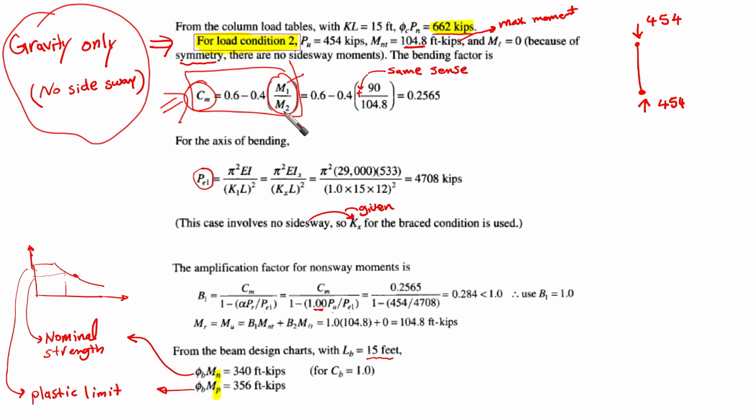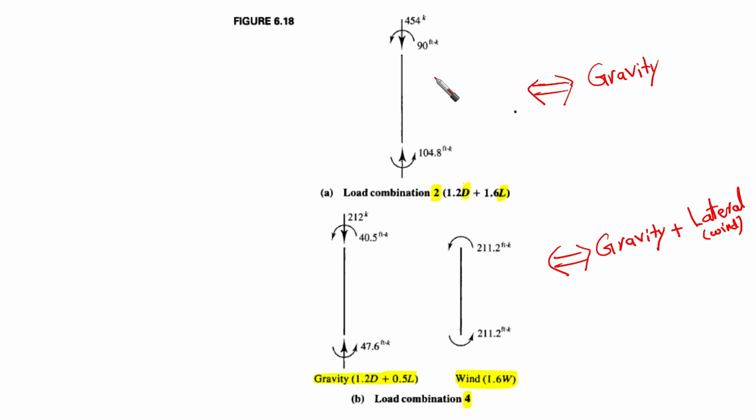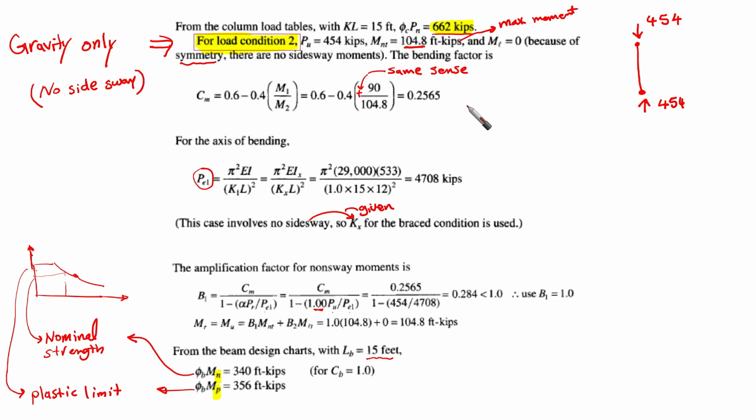M1 is the small moment, M2 is the larger moment, and we check whether both are counterclockwise or opposite. These are 90 and 104. Let's go back and see here. It is 90 here and 104. As you can see, this one is counterclockwise, and this one is counterclockwise. This means that we are going to have a positive sense for this case.